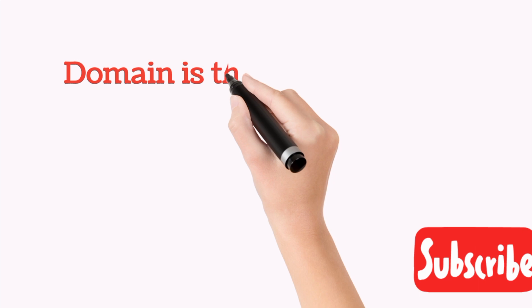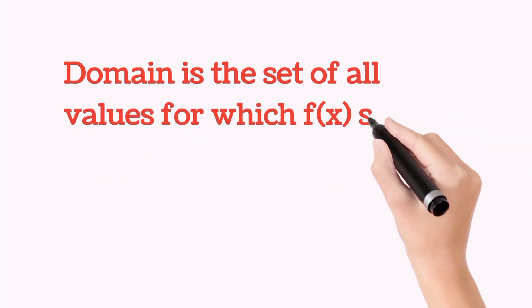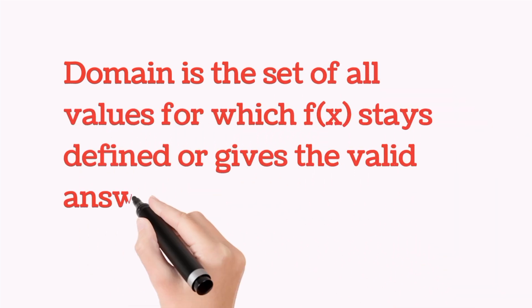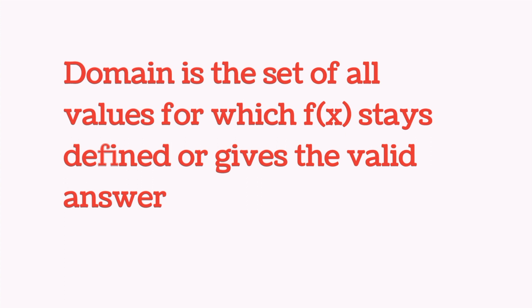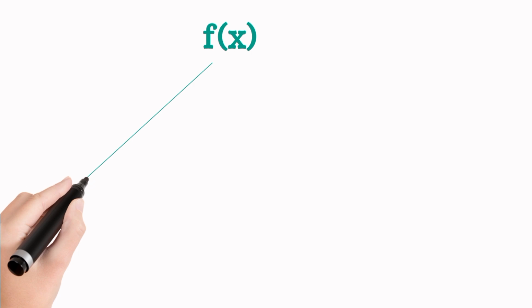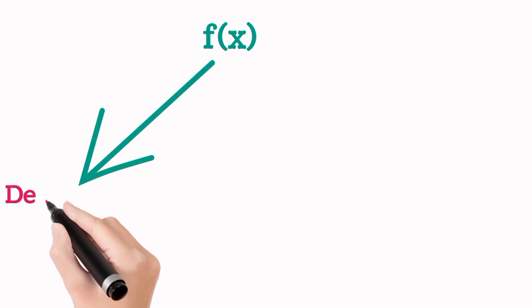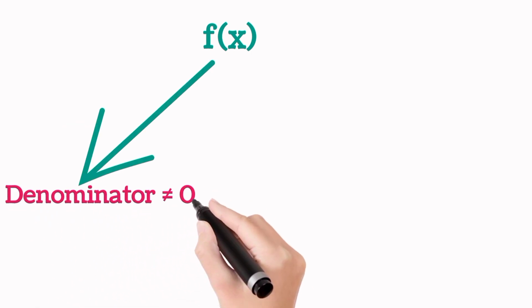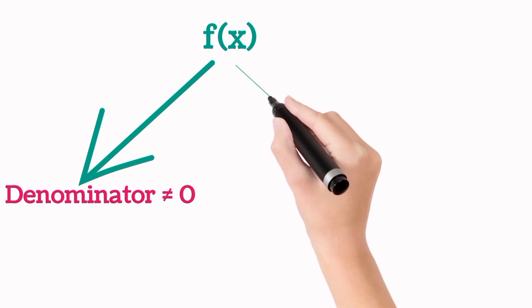So domain is the set of all values for which f(x) stays defined or gives a valid answer. So there are certain things that we have to keep in mind to get f(x) valid. So if we have function f(x), the denominator of the function can't be 0.